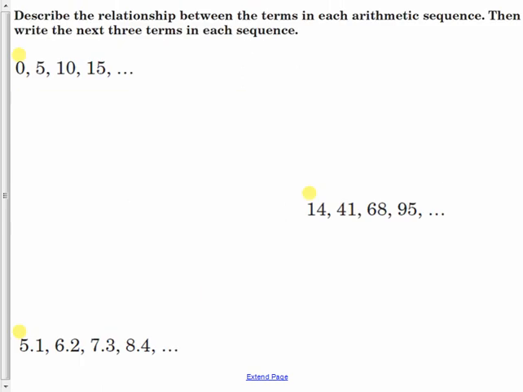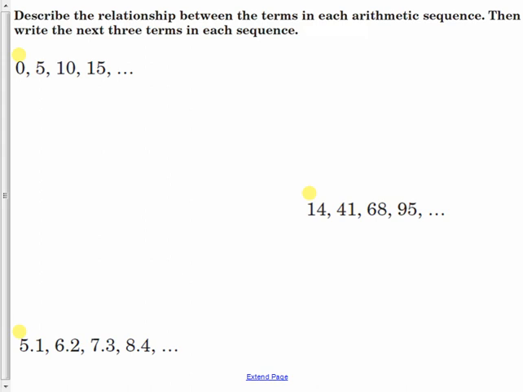So what you're going to be asked to do is take a look at a sequence of numbers, find the pattern, and then use it to tell the next three terms. As the directions say, describe the relationship between the terms in each arithmetic sequence, then write the next three terms in each sequence. So let's start with the top one.